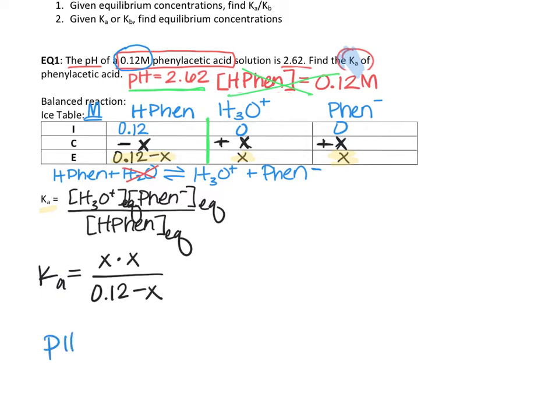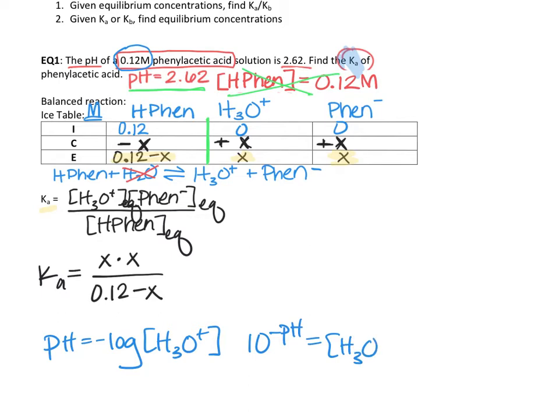So remember, pH is equal to the negative log of hydronium, and 10 to the negative pH is equal to hydronium concentration. Those are two of the main ones. You also have pH plus pOH is equal to 14. There's several, but these are the main two formulas that you use when pH is given.